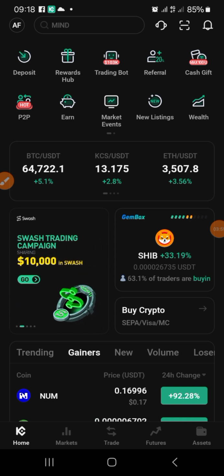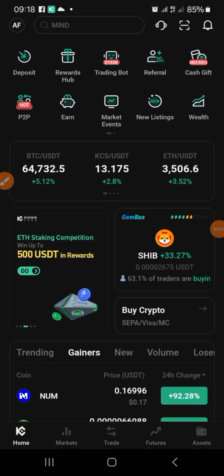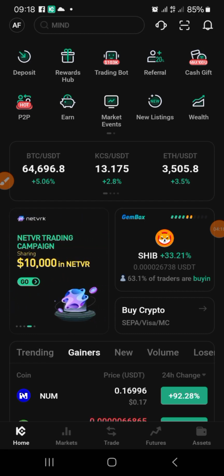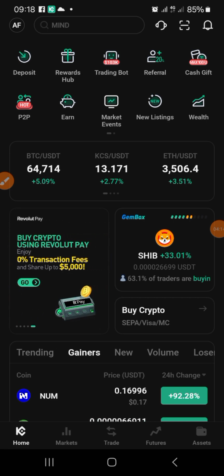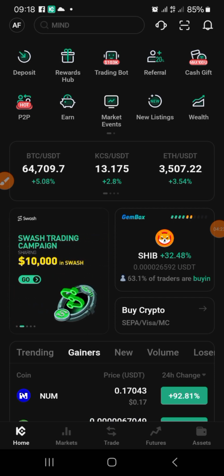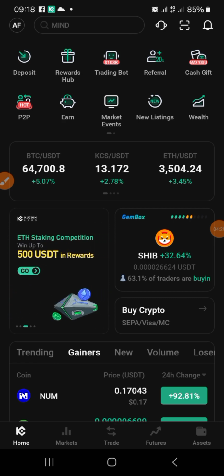Now, in centralized exchanges, KYC is required. If you are going to be opening this KuCoin exchange, for example, they will require you to put your KYC, which is know your customer. They will need a form of identity, like your national ID, maybe your voter's card, or your BVN. So they are going to have access to know who you are before you'll be able to trade on the platform.